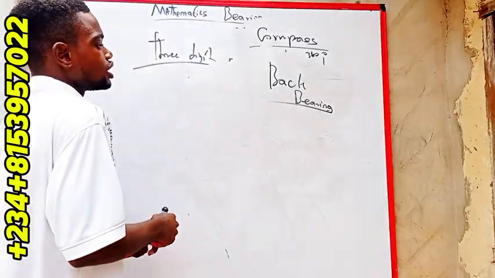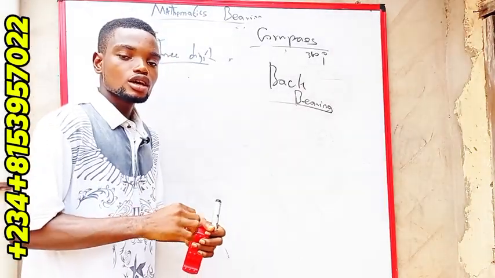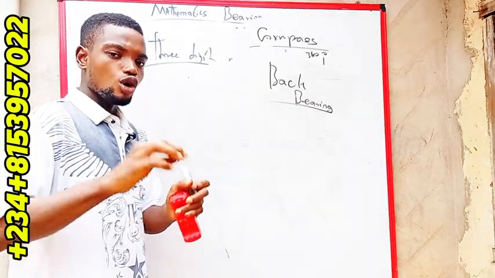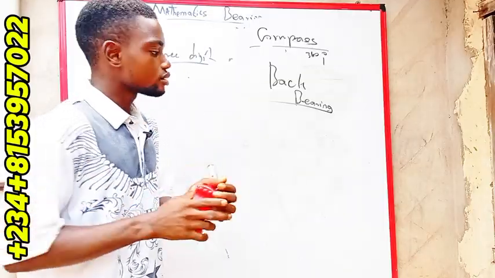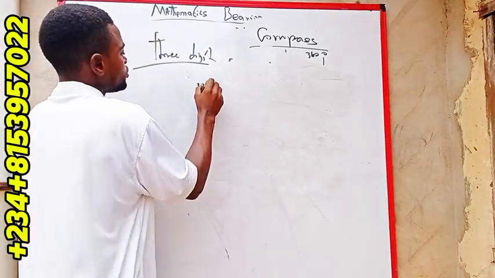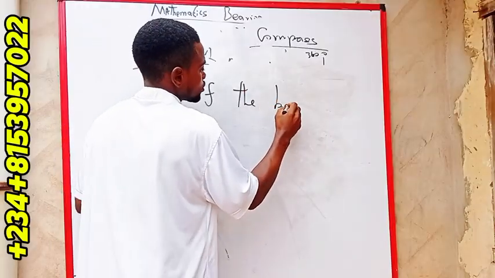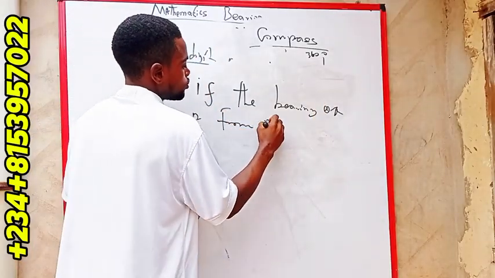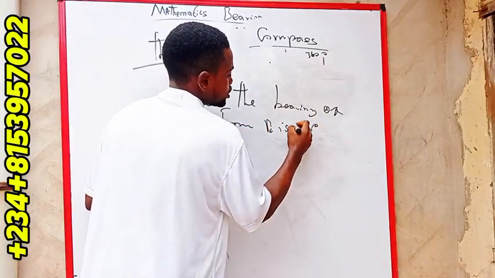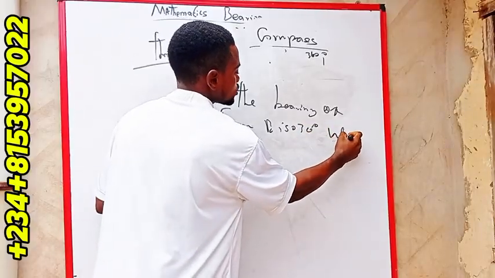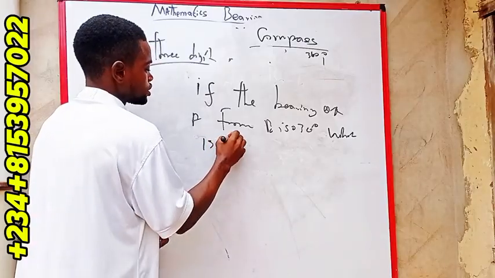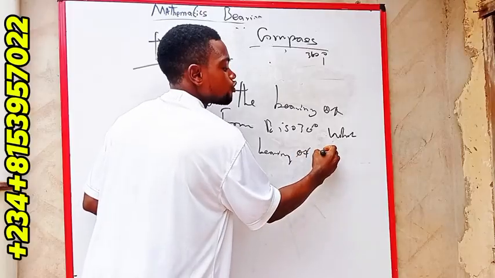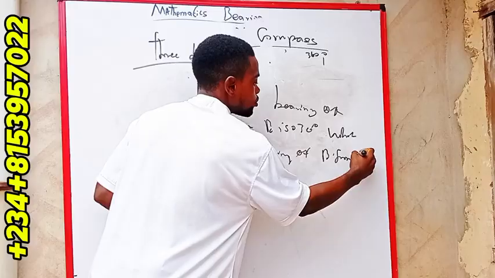Now, what if we now say under back bearing: if the bearing of A from B is 30 degrees, what is the bearing of B from A? Let's write it down. If the bearing of A from B is 30 degrees, what is the bearing of B from A?